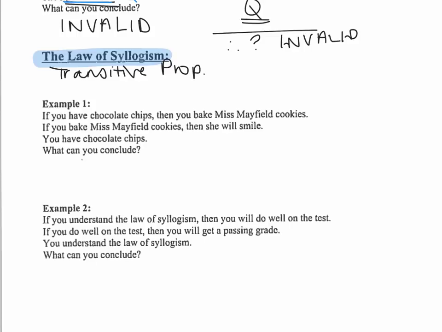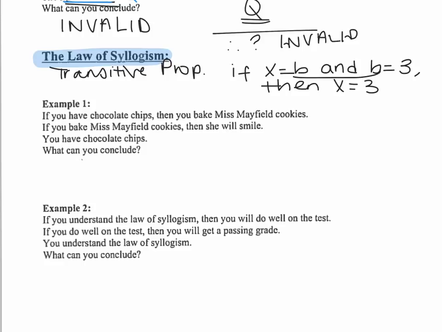Does anybody remember what the transitive property is? It tells me if x equals b and b equals 3, then what can I conclude? If x and b are the same and b and 3 are the same, that tells me x must equal 3. So the law of syllogism is basically that.